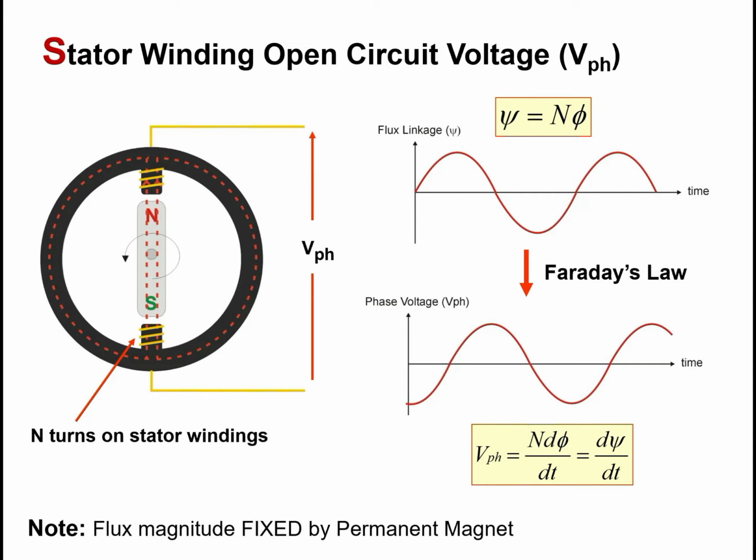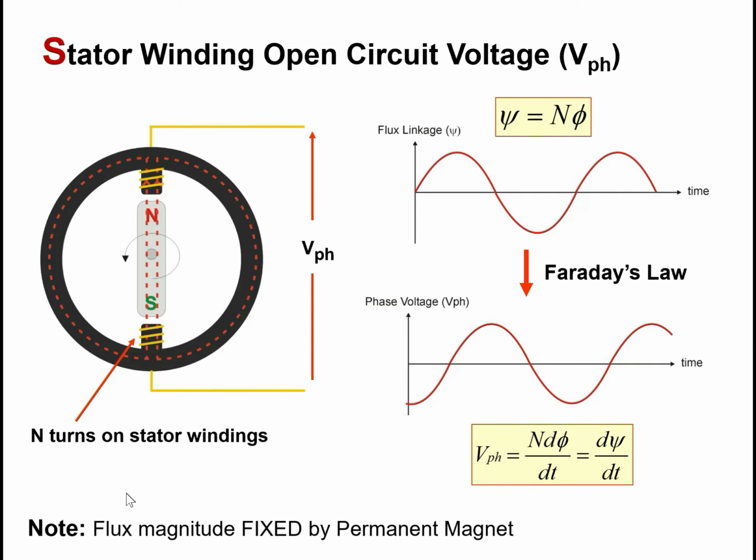It is important to note here that the voltage which is measured across the stator terminals or the stator windings is called the per phase voltage. So if we are talking about a single phase, this is the phase voltage which is connected to the load, and it is related to the number of turns on the stator windings.